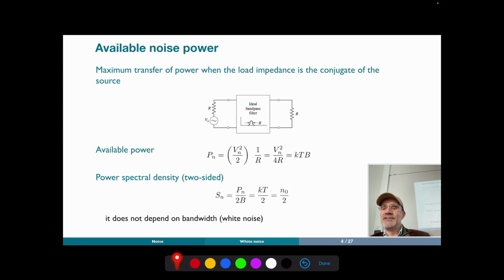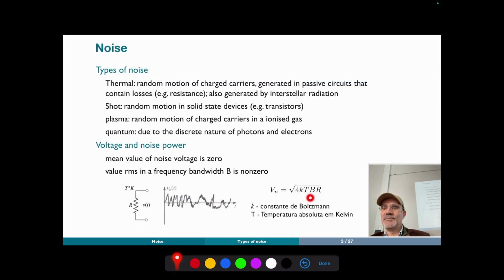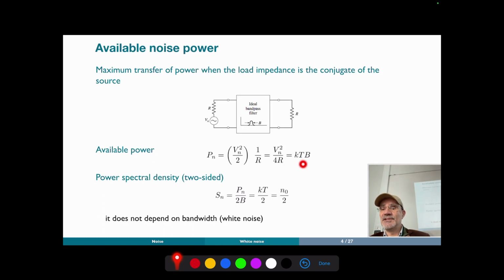Since we already know that V sub n, the RMS voltage, is given by the equation that we've seen here, by substituting this result we get that the available power is just K times T times the bandwidth. And so the power spectral density associated with this noise power of the resistor is the available power, since power spectral density means power over the bandwidth.